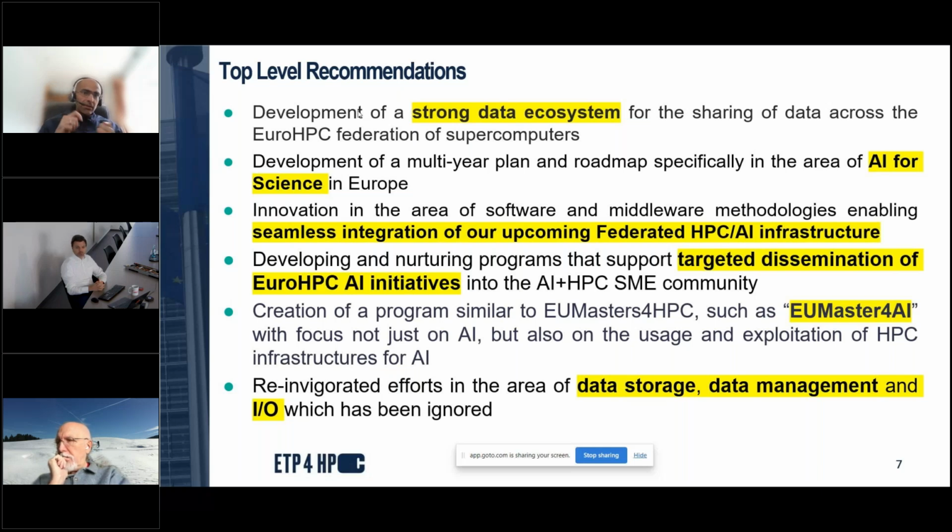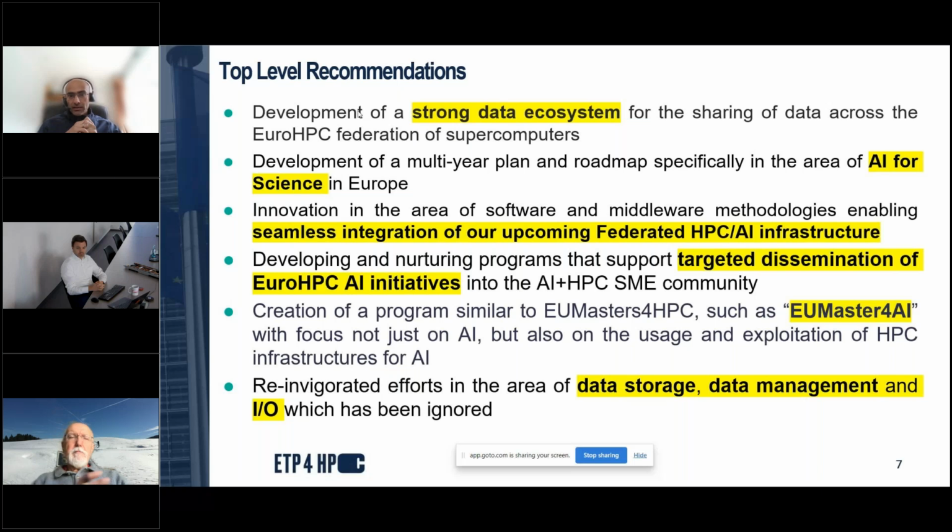We have recommended the development of a multi-year plan and roadmap in the area of AI for science in Europe, which is lacking. And we have also recommended innovation in software and middleware to enable seamless integration of our upcoming federated HPC infrastructures and AI factories, the AI infrastructures.